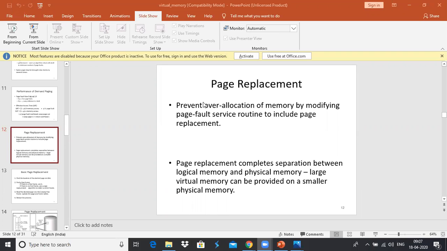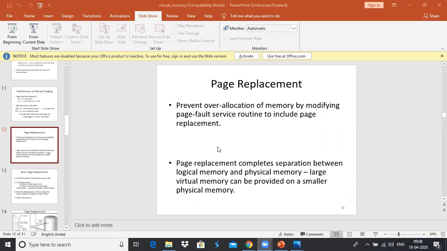A large virtual memory can be provided on a smaller physical memory because you already know that the logical memory size is large as compared to the physical memory. In the virtual memory concept, you load only the part of the program that is required. So logical memory and physical memory are separate; these are two different concepts.